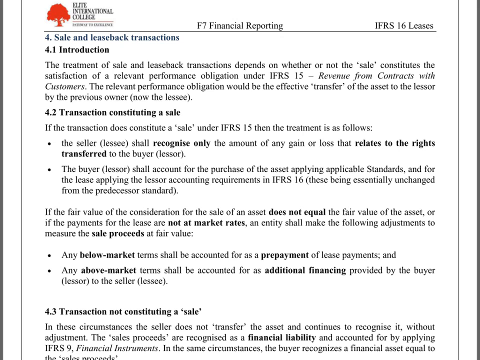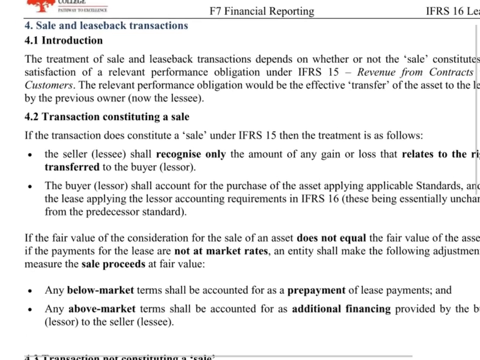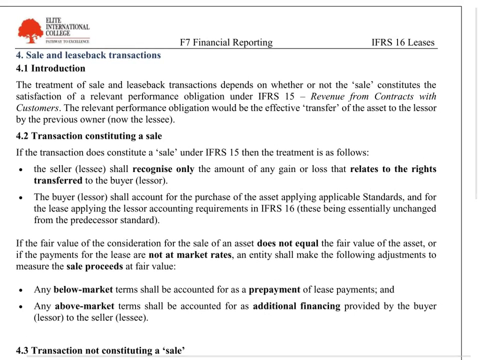Sale and leaseback transaction. Okay, so the earlier part on leasing is actually quite straightforward. As you practice, you realize that actually it is the same one. Now, sale and leaseback transaction for F7, I suppose is not so important, but we still have to know because it's in the syllabus.